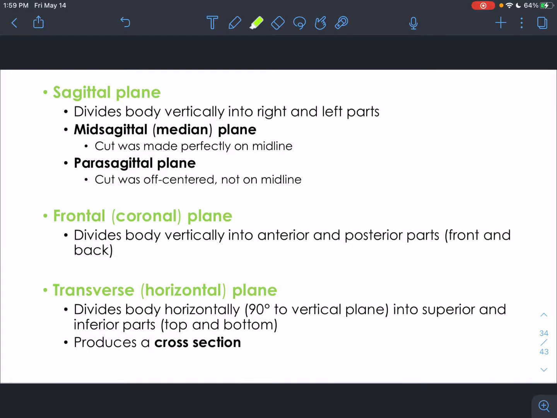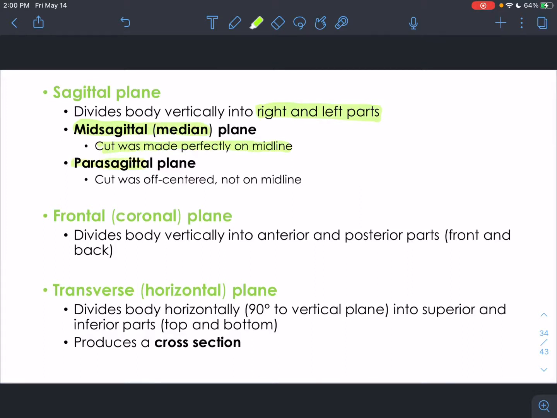So here's the definition. Sagittal plane divides the body into right and left. Okay, so sagittal divides it into right and left. If you have it right down the middle, right on the midline, then it's called a mid-sagittal or a median plane. Okay.